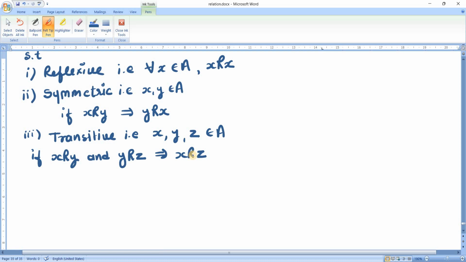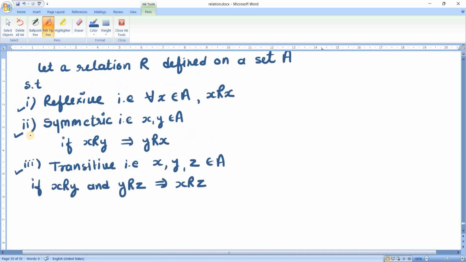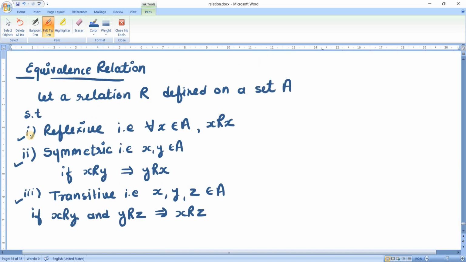So any relation which is reflexive, symmetric, and also transitive, we say that this is an equivalence relation.